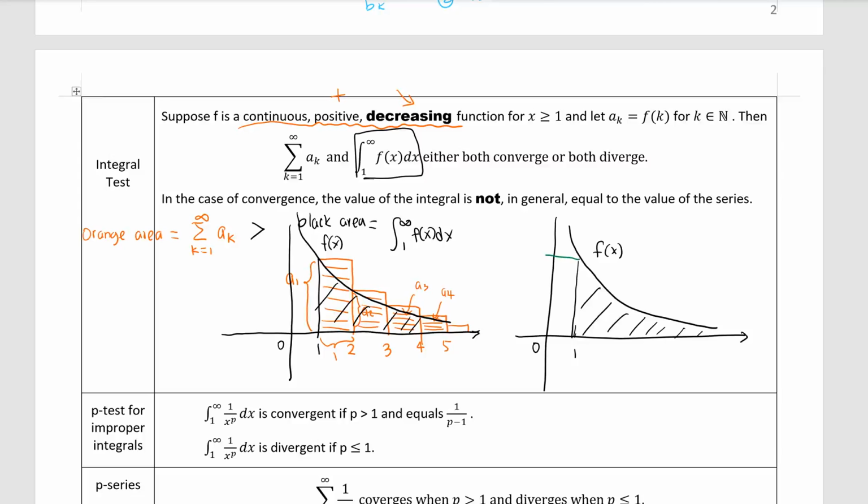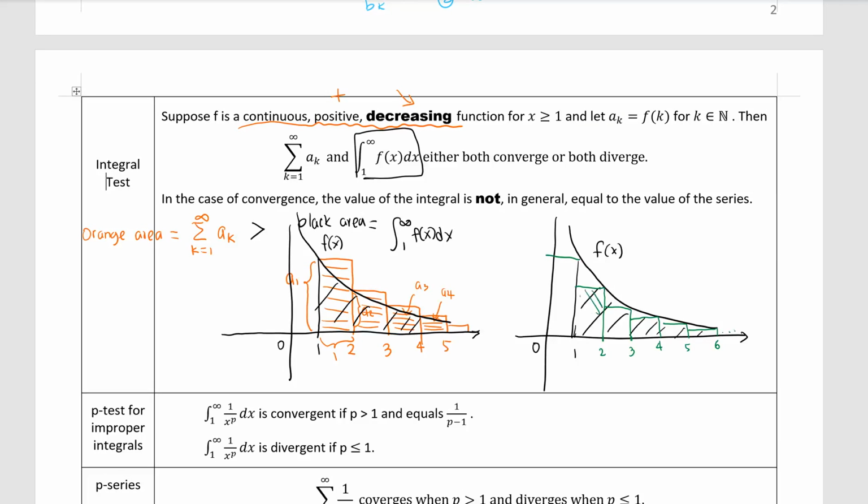Okay, so I'm gonna draw it like this. So this is 2, 3, 4, 5. Okay. So what is this guy?